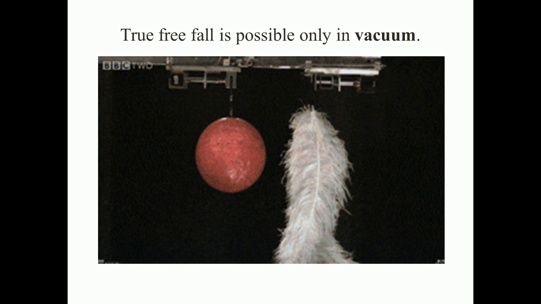As you can see from this video, initially both the spheres and the feather were attached to a string at a particular height from the ground. Initially there was no velocity, that means the initial velocity, which is taken as u, will be 0 for both objects.